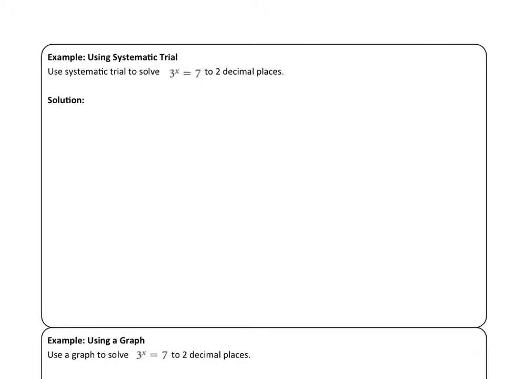Now, the thing I know with this, since we have 3^x equals 7, is that 3 to the 1 equals 3, and 3 to the 2 equals 9. So x is between 1 and 2.